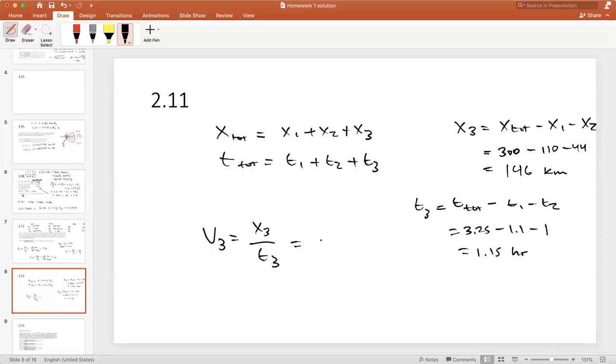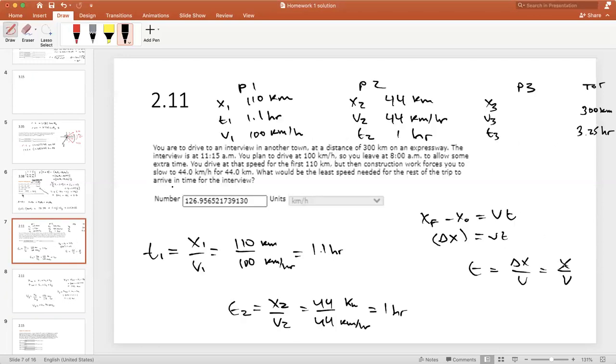So if we plug these things in, we get 146 over 1.15 km per hour, and if I do that on my calculator, 146 divided by 1.15, I get 126.96 km per hour. And that's my answer. That's the answer they got.